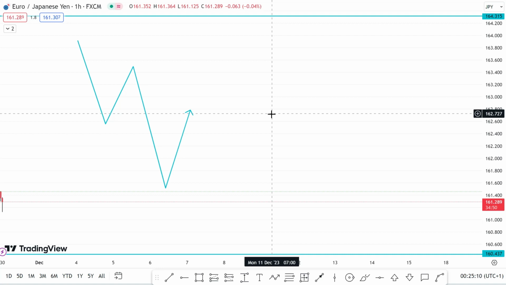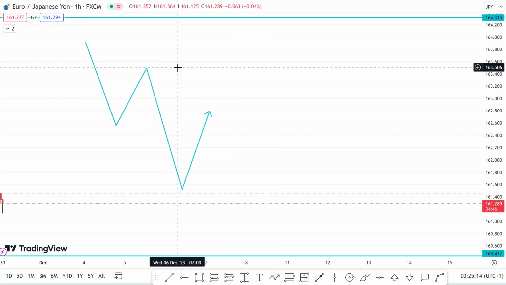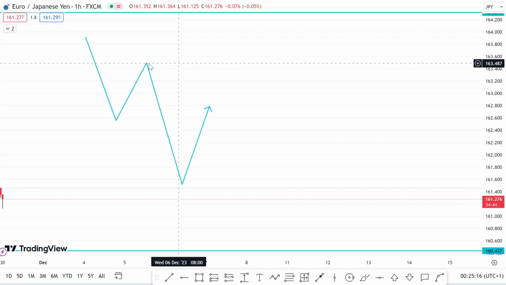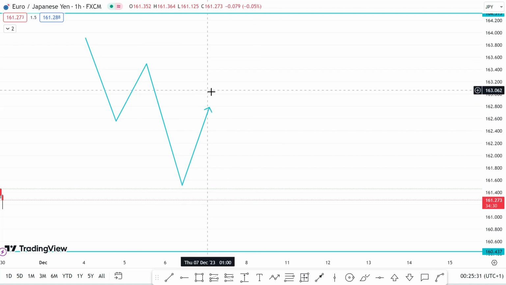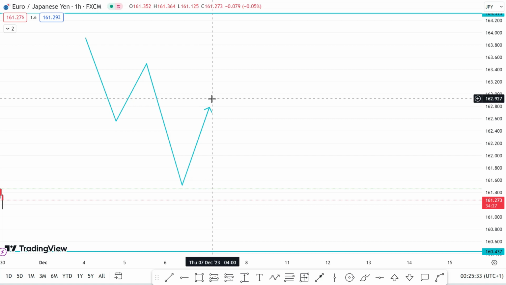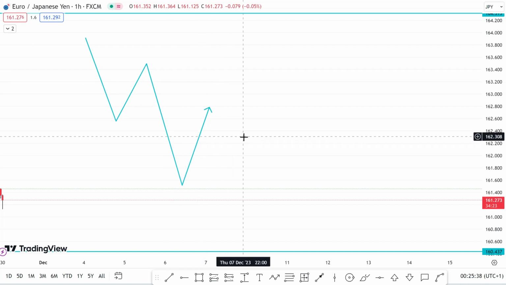So you scale down to lower time frame, on the 1 hour time frame, and you look for this particular setup or a scenario like this, right? So you're trying to take this to the downside because this is already a downtrend. So this strategy can be applicable in this scenario.